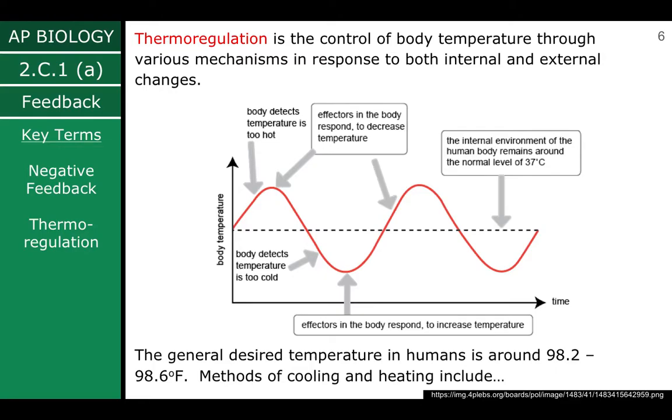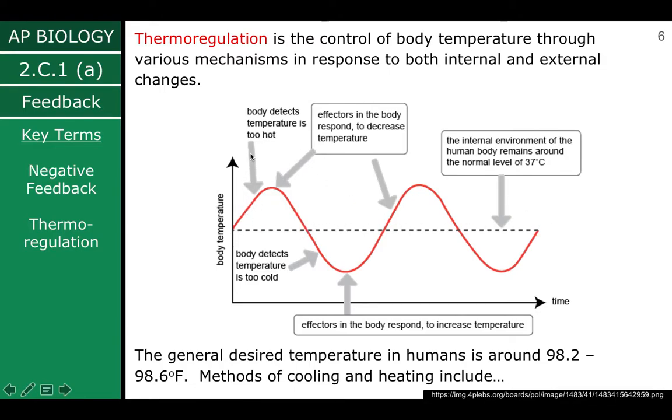So our first example of negative feedback loops is thermoregulation. This is probably the most common one that you'll see. Thermoregulation is the control of body temperature through various mechanisms in response to both internal and external changes. So you can see here that our body temperature does fluctuate a little bit, but we have this homeostatic level here that we want to maintain.